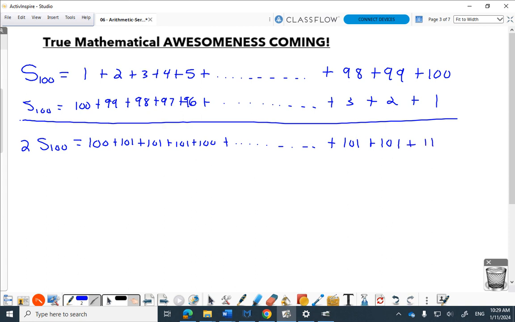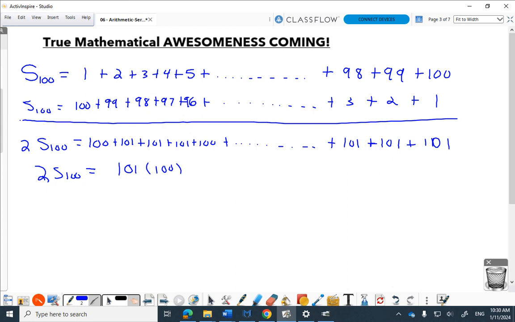So he changed the job to add up all these 101s. Now here's where you come in, because you can help Gauss a little bit. How many 101s are there? There's 100. Yeah? So he has 2 of his sums is 101 times 100.